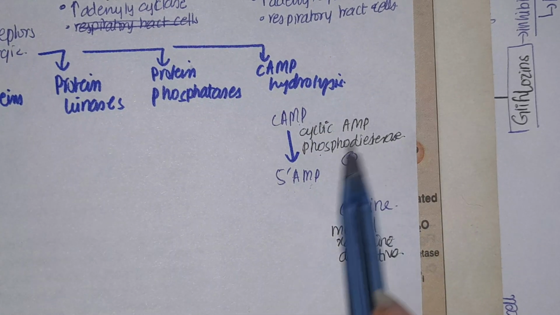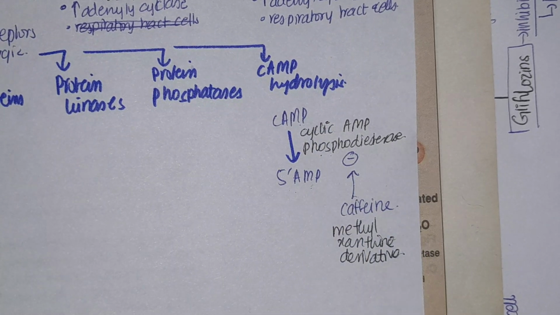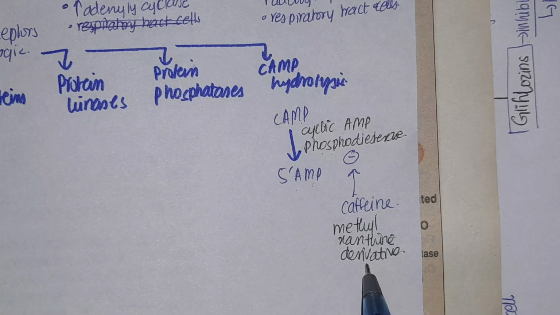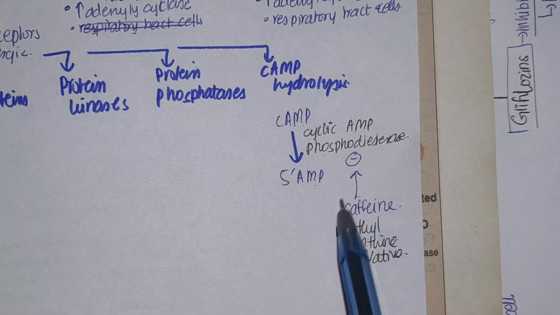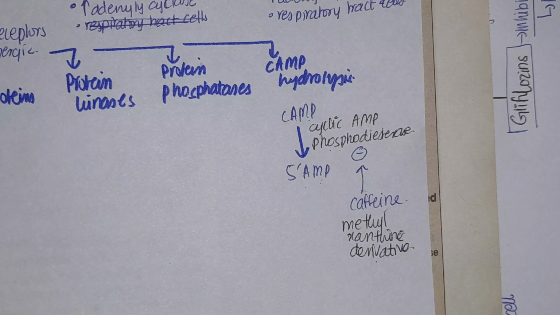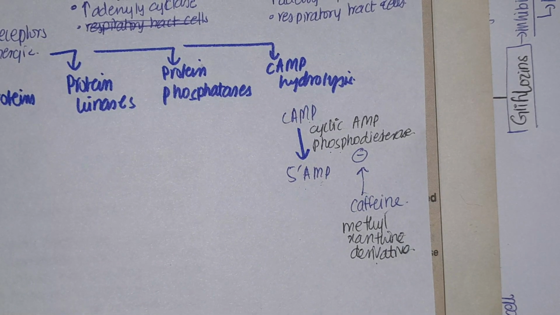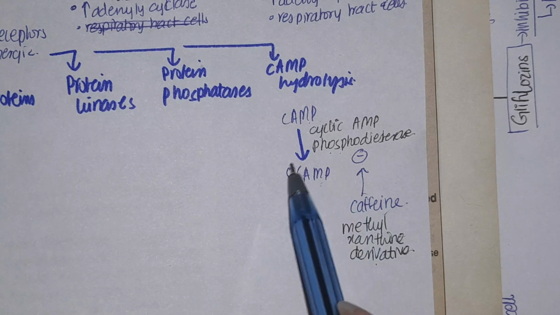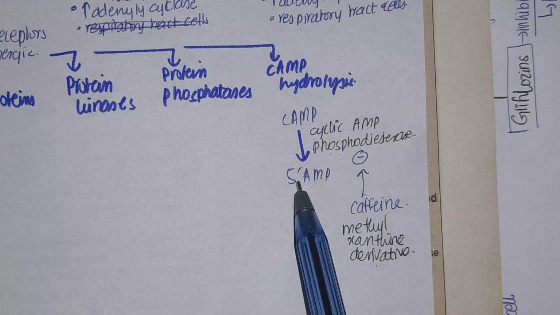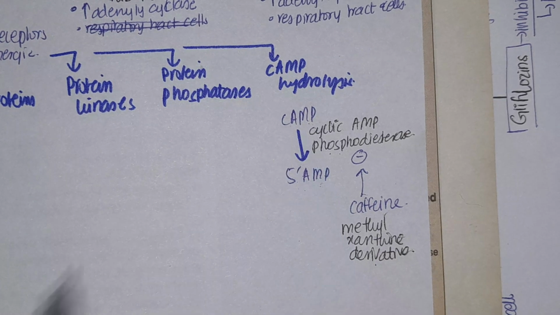Now this cyclic AMP phosphodiesterase is actually inhibited by caffeine, a methylxanthine derivative. Why is caffeine so important in this reaction? Because when we take caffeine, like coffee or tea, it is going to inactivate the enzyme and stop the breakdown of cyclic AMP.